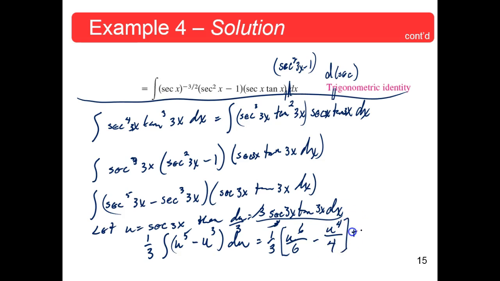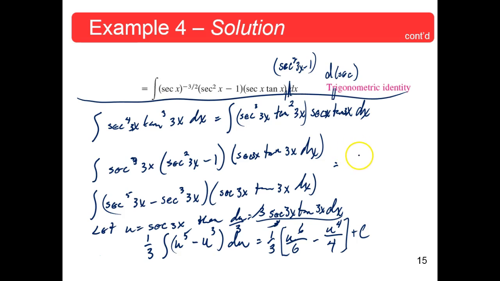And plus C. All right, cleaning that up just a little bit and plugging back in what u is. That's secant 3x, by the way. Then this would be, I'm going right up here, I don't have room down there.